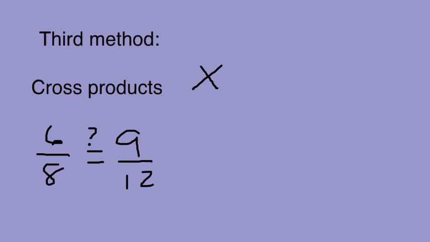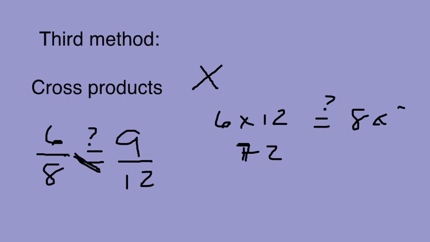Well, I'm going to multiply 6 times 12, and I'm going to get 72. So 6 times 12 is 72. And then I'm going to multiply 8 times 9, and it is also equal to 72.